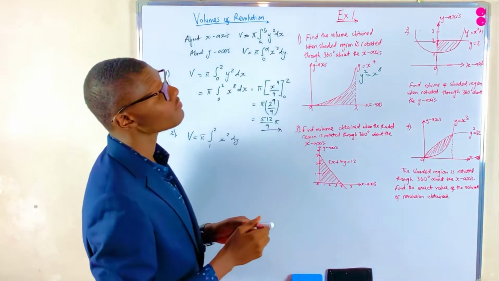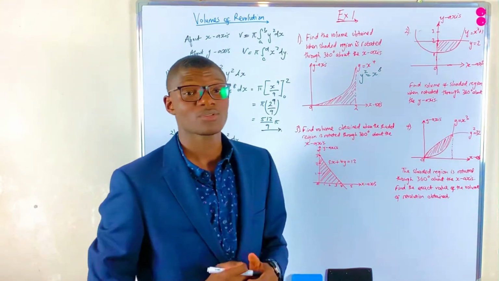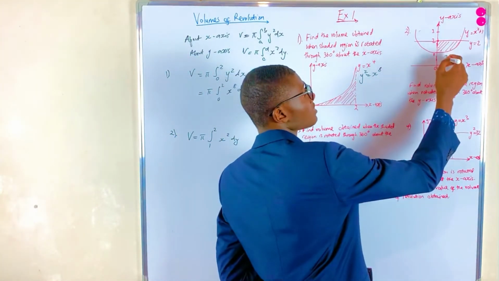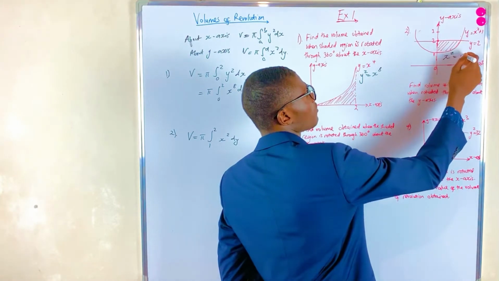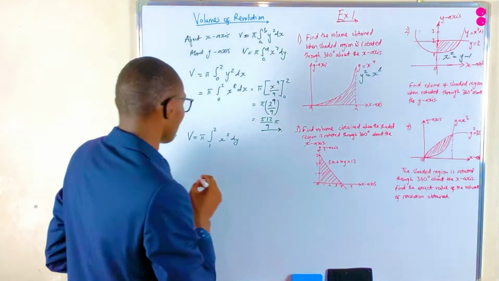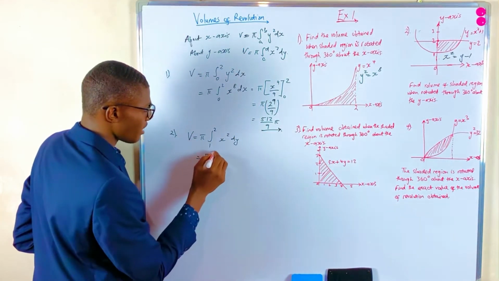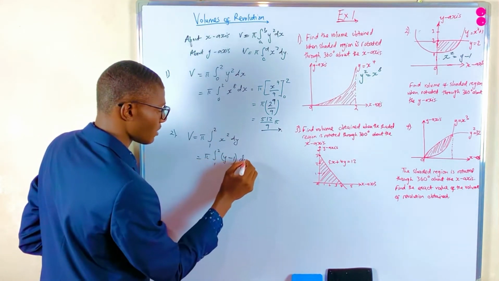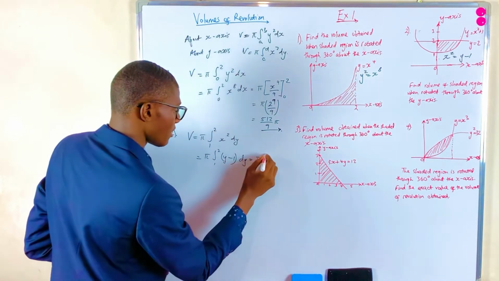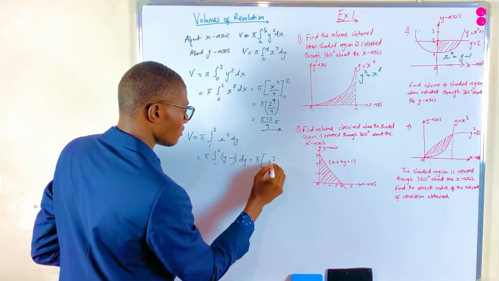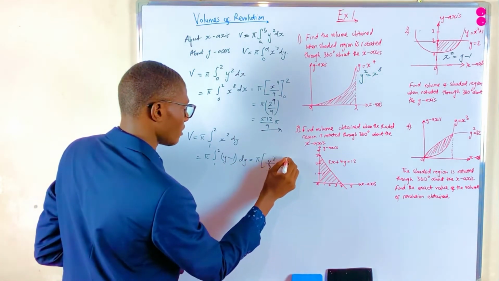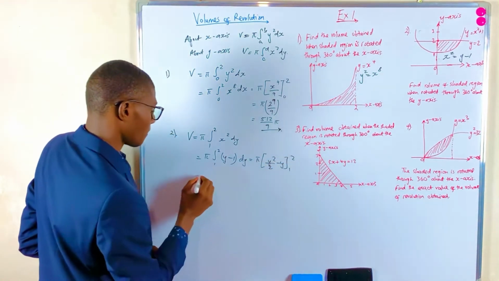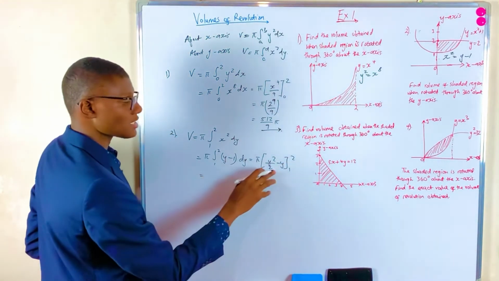But now if y is equal to x squared plus 1, then making x squared the subject of the formula, x squared will be equal to y minus 1. So instead we're saying V is pi integral from 1 to 2 of y minus 1 with respect to y, which is pi times y squared over 2 minus y from 1 to 2.